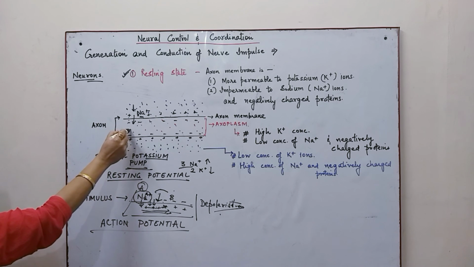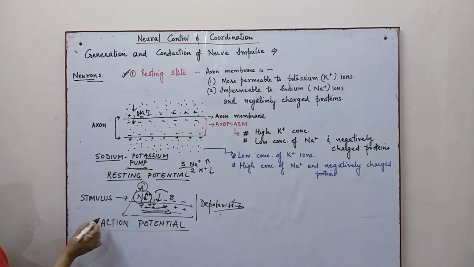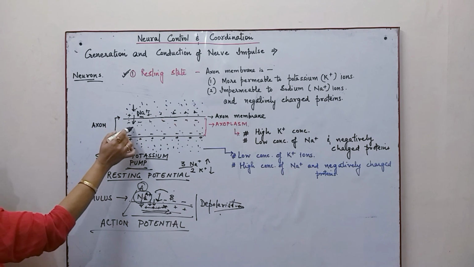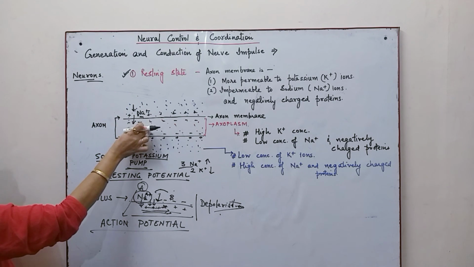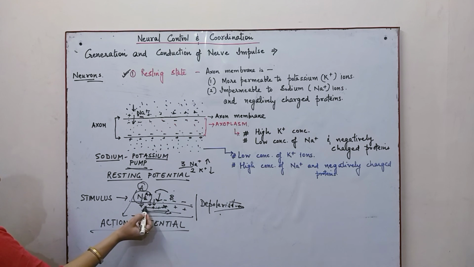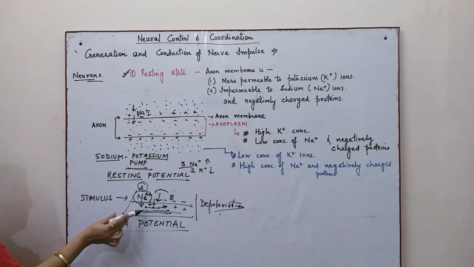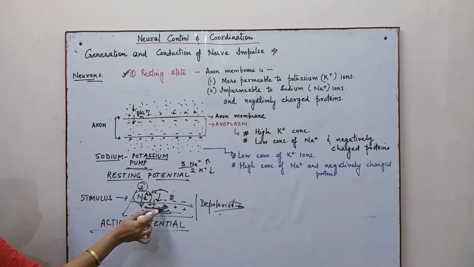the polarity, and after the receiving of the stimulus the membrane becomes more permeable to sodium ions, and due to the high influx of the sodium ions at the site of the stimulus the change in the polarity takes place, and the conduction of the nerve impulse outside, within the fluid, is from B to A, and inside it is in the opposite direction.